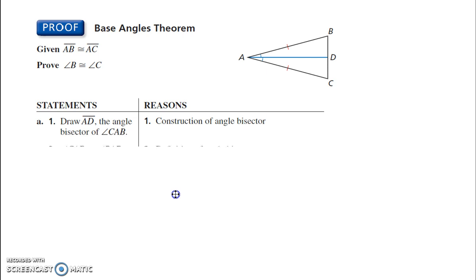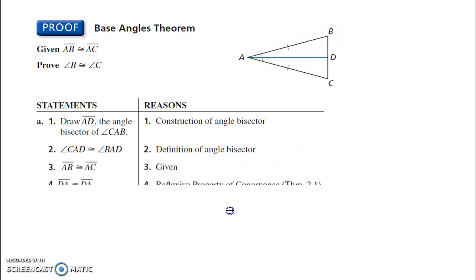All right, so that's the first thing we'll do, and then we know that by definition of that angle bisector, this angle CAD is congruent to BAD. That's an angle bisector, right? We know that this side and this side are congruent, so now we have AD, we have AC, and we have that angle in between them.